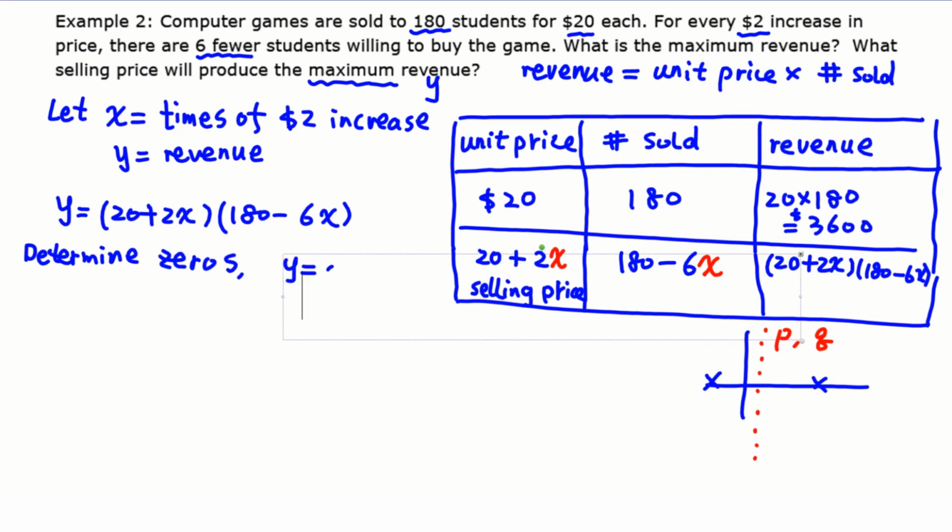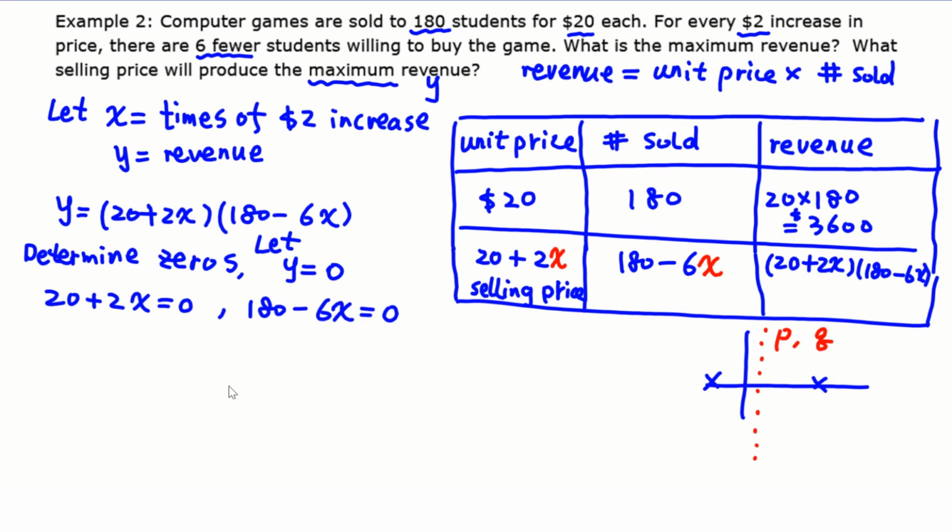So each bracket could be 0. So 20 plus 2x could be 0. Then 0 times anything gives you 0, so y equals 0. Or the second bracket could be 0, and again 0 times anything gives you 0.